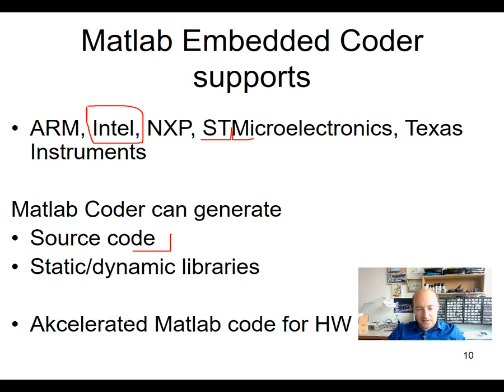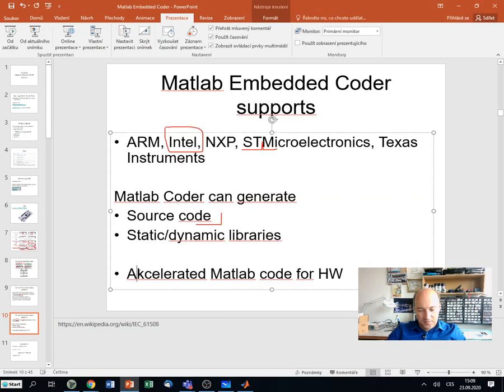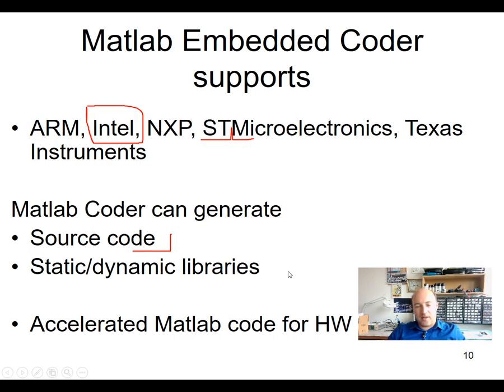And the last option, again here I see I have a typo, it should be C. The last option that we have in MATLAB is that we can create accelerated code for MATLAB that runs on a specific hardware. What this means is that we can create our algorithm and compile it, and then we can run the compiled function.